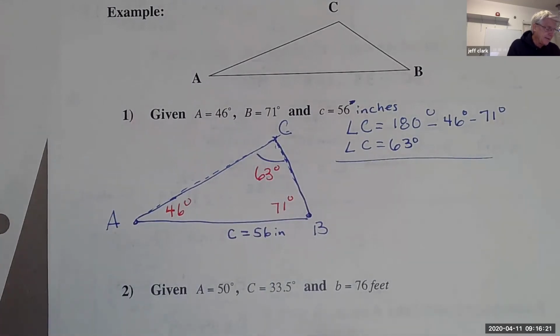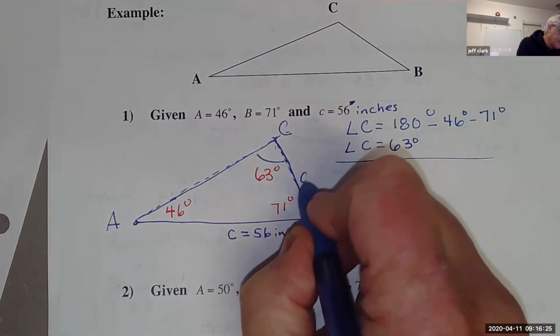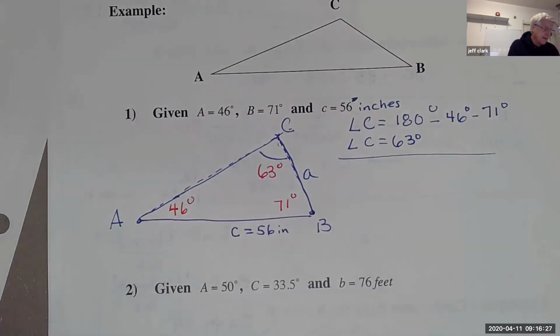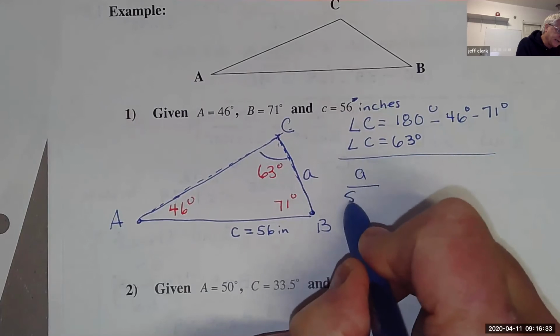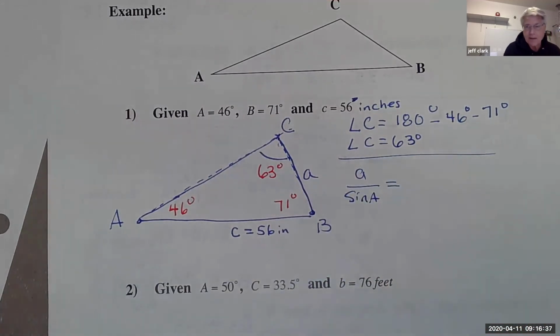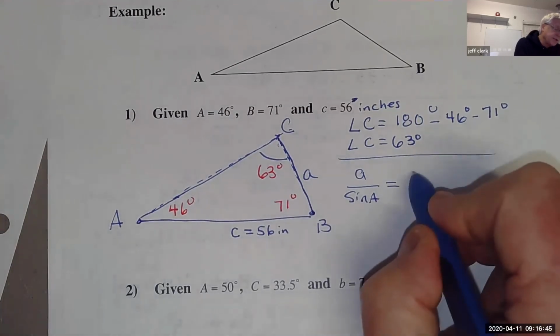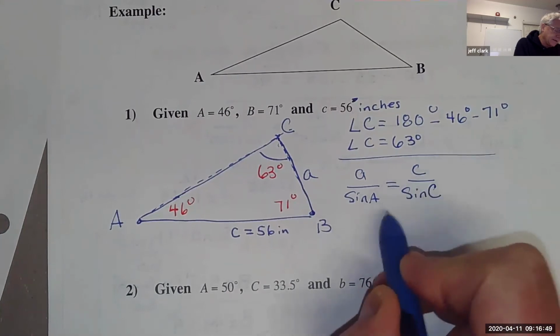Now I have to decide what's left, which let's say is lowercase a. If I want to find lowercase a, you would say a is to sine big A as, and I have to use a ratio of either the B's or C's. Now it looks like I was given lowercase c, so I'm going to use that one, and that would be sine of big C. So here we go.